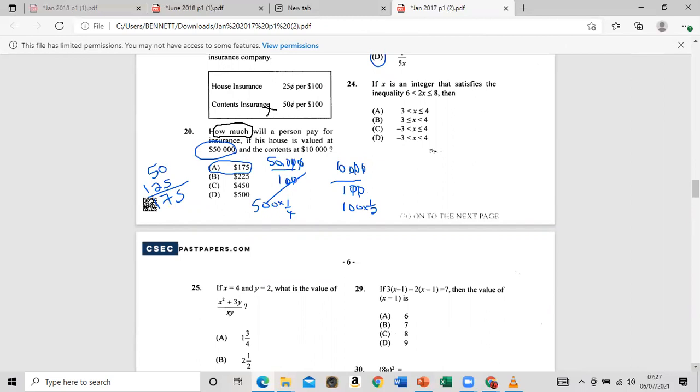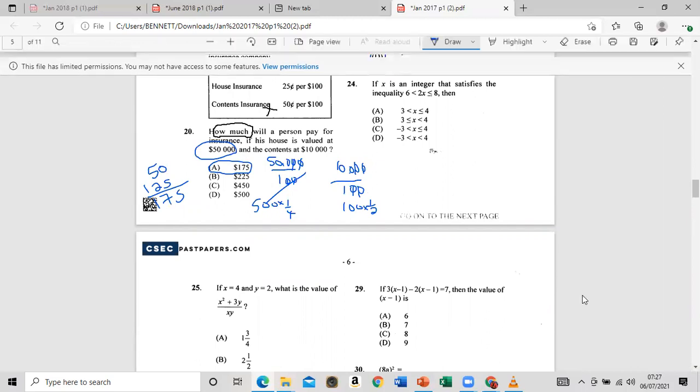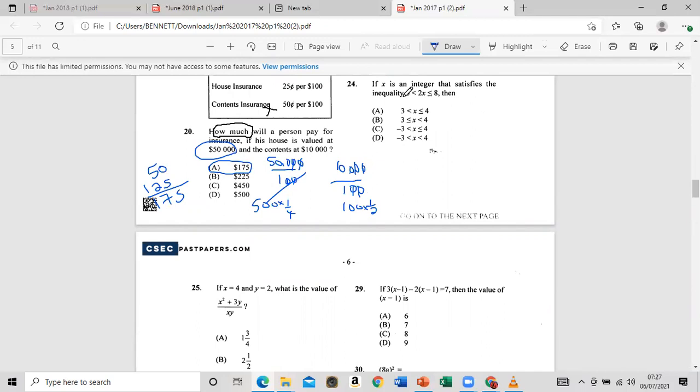So, alright, if x is an integer, then that satisfies the inequality. First we're just going to divide both sides by 2 to get rid of this, right? So x stands alone, so that will be 3 less than x less than or equal to 4.